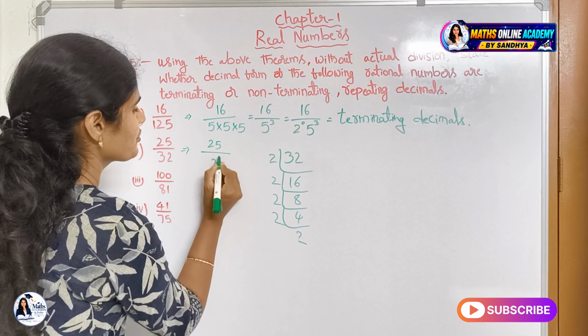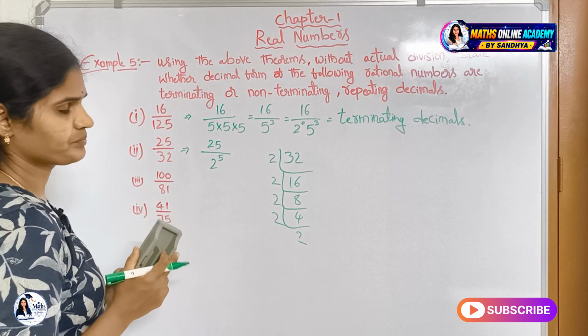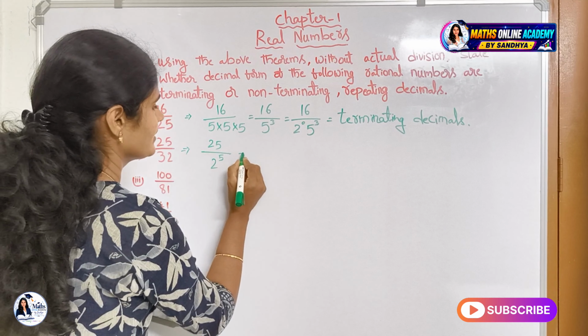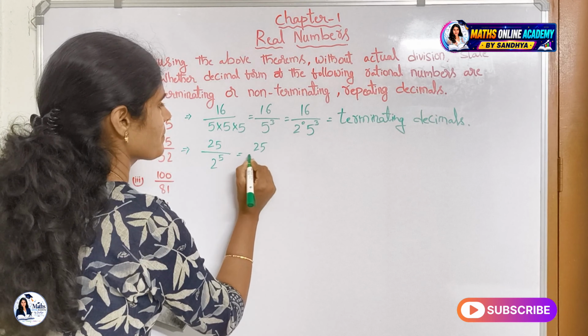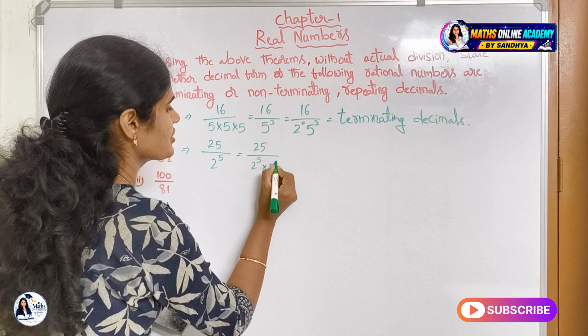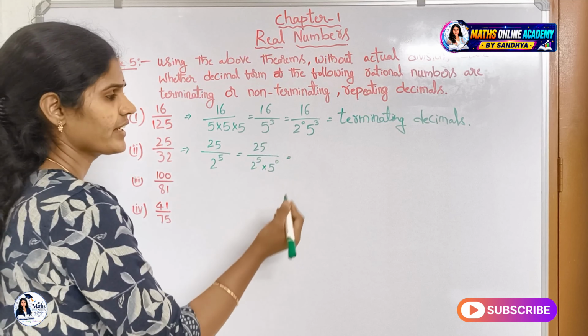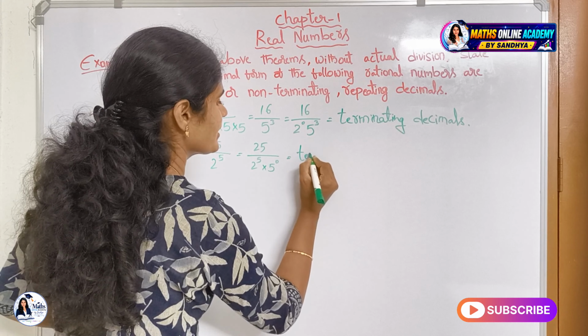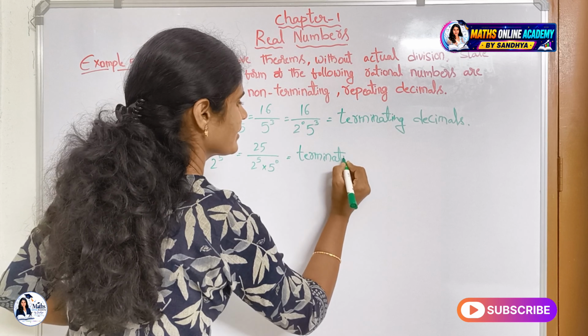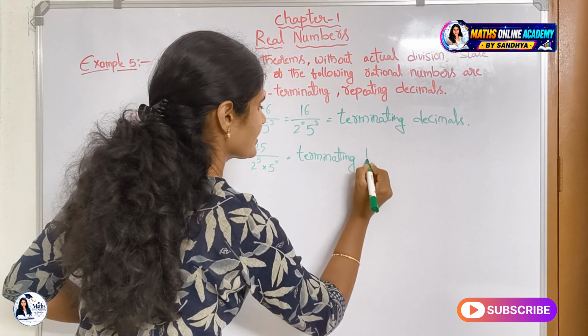So you can write 2 power 5. 25 by 2 power 5 into 5 power 0. So this is again terminating decimals.